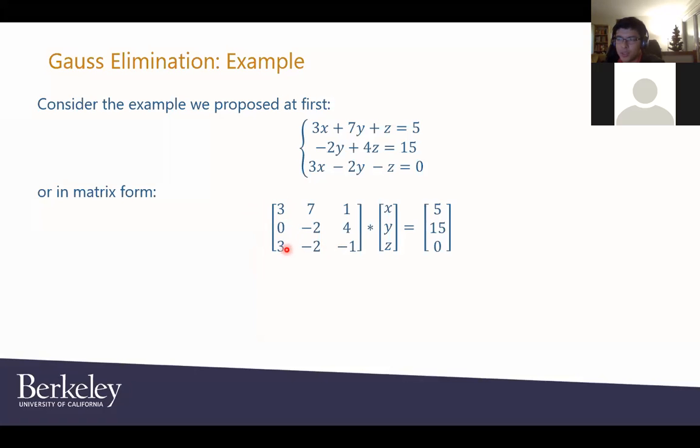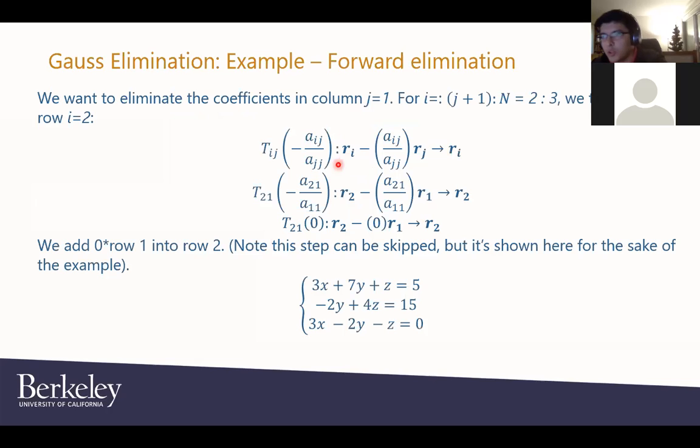In this case, both values are 3. So if I subtract this row multiplied by 1, the ratio is 1 in this case. If I subtract this row from this row, I will get a 0 here. So this is what I mean.